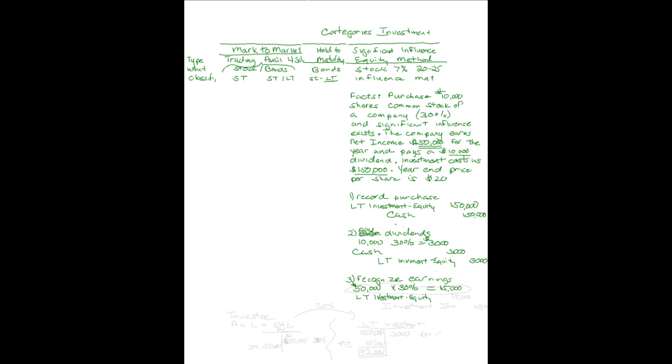My 30% of that's $15,000, and I'm going to call that investment income, oddly enough, and show it on my income statement as income. And again, that's my 30% of their net income. I want you to pay attention to what's happened in my long-term investment account.